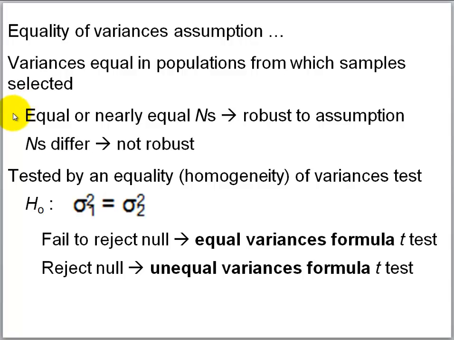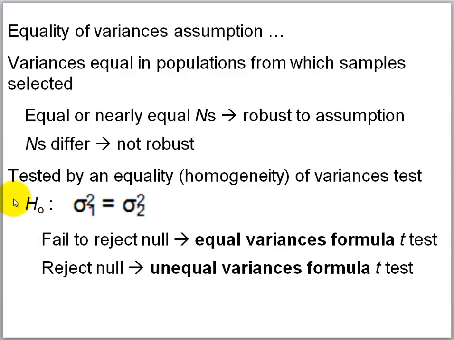Now the robustness of the t-test to the equality of variances assumption depends on the n's. When sample sizes are equal or very nearly so, it is robust, this assumption. In other words, it yields accurate results even when the assumption isn't met. But when n's differ, results can be inaccurate. And that's particularly so if the n's differ by a considerable amount, and if the variances also differ by a considerable amount.